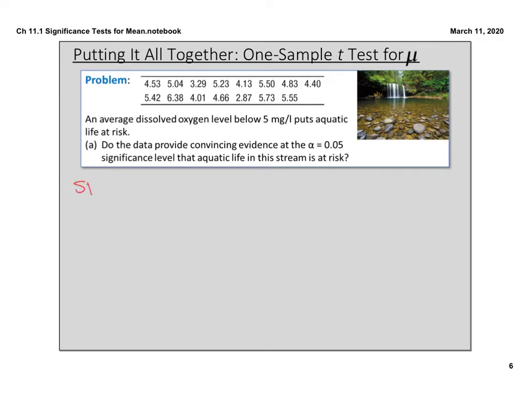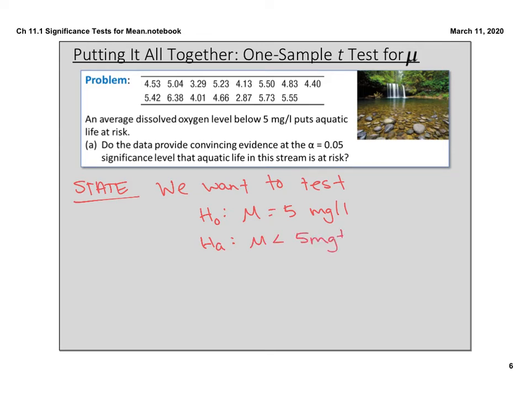In my state step, I'm going to test, and then list your hypotheses. Your null hypothesis is that mu is equal to 5 milligrams per liter. And the alternative is that mu is less than 5 milligrams per liter.